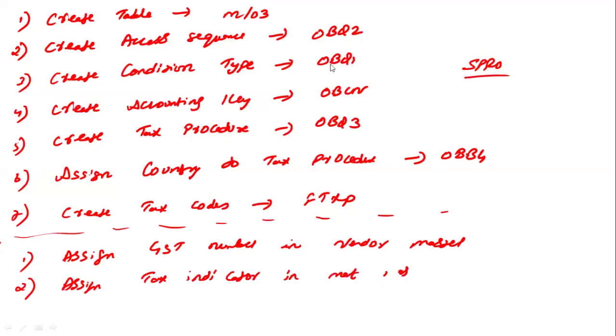And if you want to automate the tax percentage coming into the purchase order, you can maintain the tax code in the PIR. So if you maintain the tax code in the PIR, then this information will automatically flow into your purchase order. Okay. Any questions here in the configuration part?